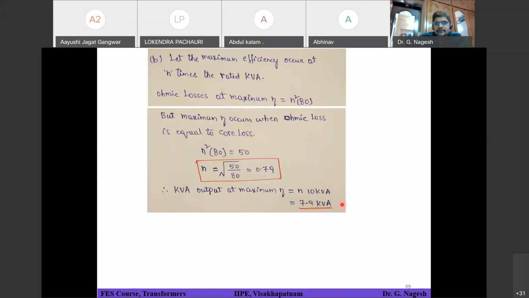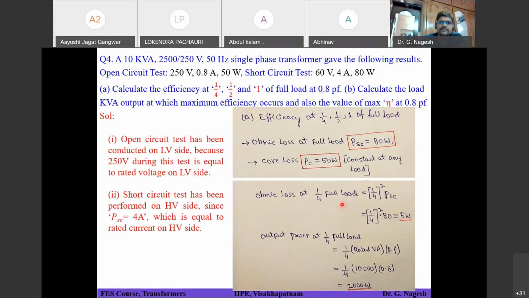Yes, sir. Okay. So now the other part of the question is to calculate the maximum efficiency. That means they are asking us to calculate the efficiency at this point. We have calculated the kVA corresponding to maximum efficiency, and now they are asking us to calculate the maximum efficiency value at 0.8 power factor.